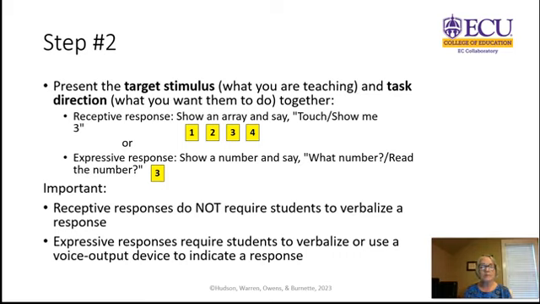For expressive responding, you could show a number and ask, "what number?" or "read the number." It's important to understand that receptive responses do not require students to verbalize a response, and expressive responding requires students to verbalize or use a voice output device to indicate a response.